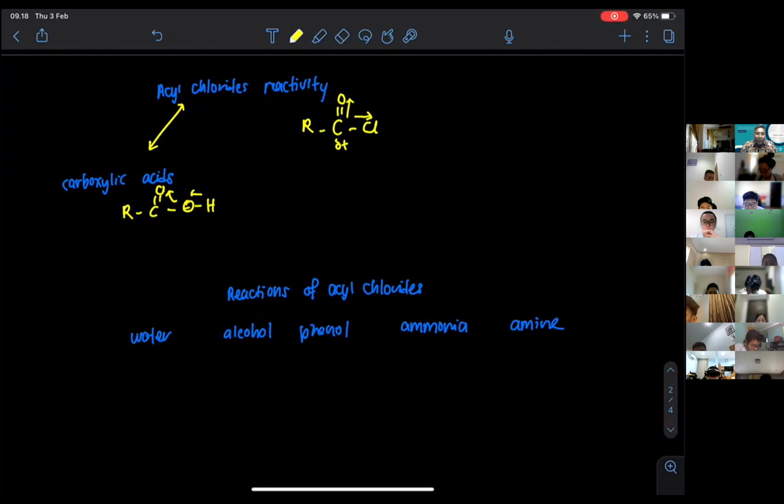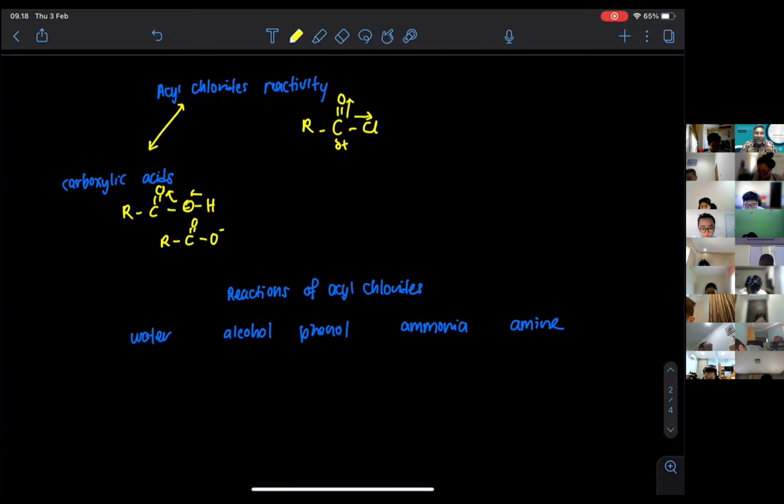Now what happens over here is the tendency of the ion that is going to be formed. You can see they are going to form some sort of carbocation over here. But if you look over here, they are going to form C double bond O minus. That is going to be the tendency of the ions that is going to be formed.